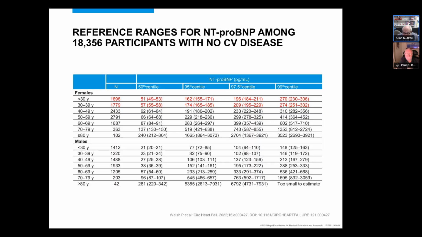And what you can see, if you take the values in women, is that you're going to have a substantial number of women, in particular, who, as we all know, tend to have higher natriuretic peptide values than do men, as at risk for stage B heart failure, just because of their normal values.